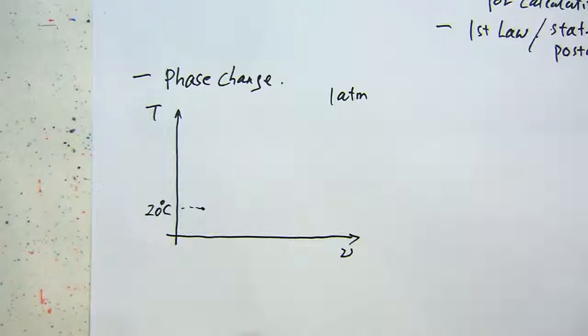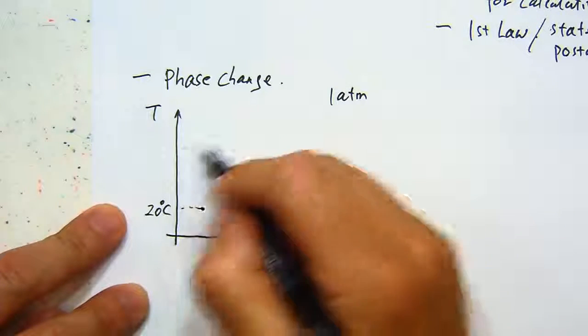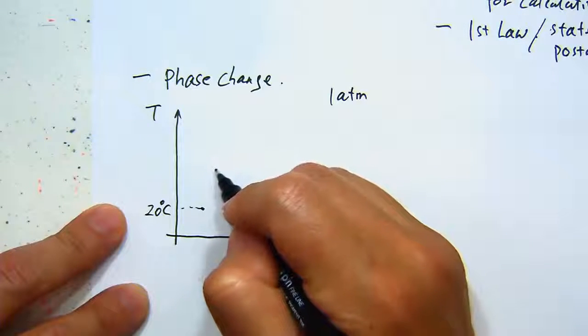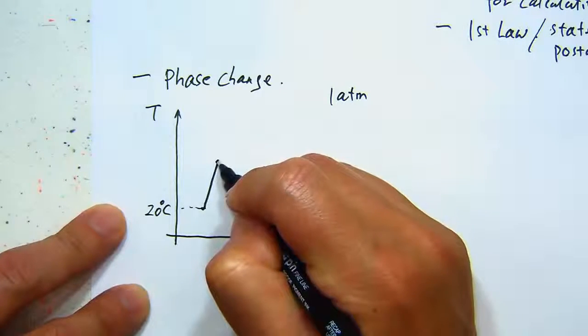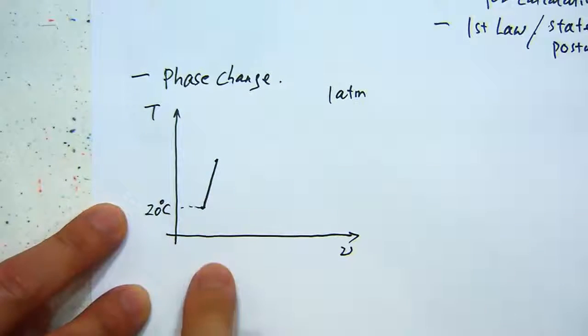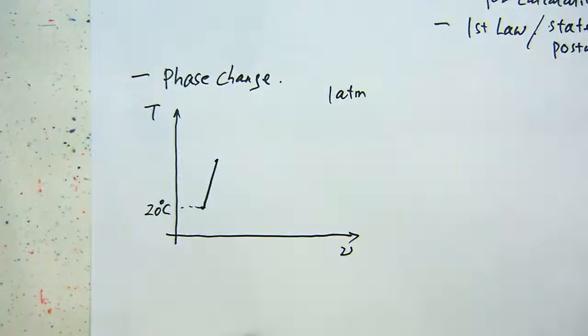The volume will still expand to some extent, but certainly much smaller compared to the gas phase. So it will not stay the same. If I draw this, the temperature goes up, but the volume goes up as well. But it's a very steep slope because the volume change is very small. So that's actually a pretty good point.